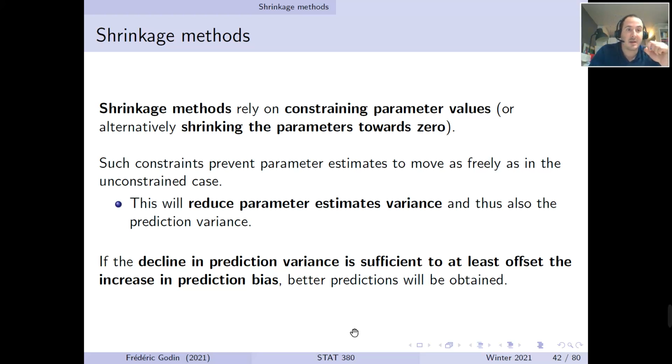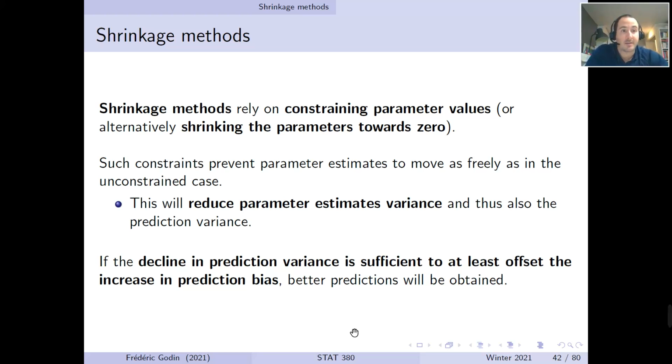Smaller parameters will lead to smaller variance of predictions, because if you shrink the parameters, predictions will also be smaller. So in that case, your prediction will be less variable.